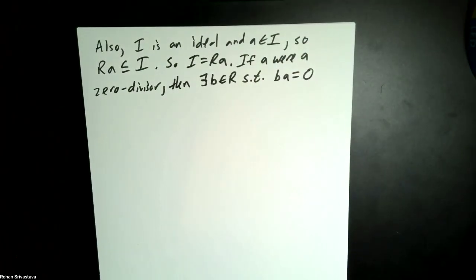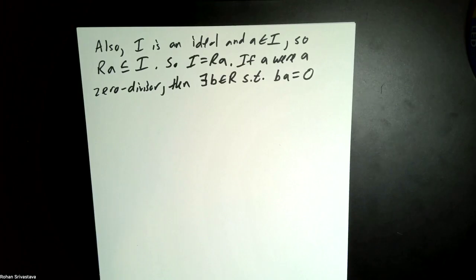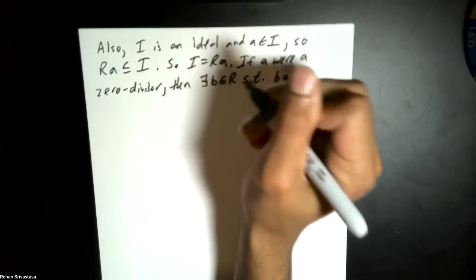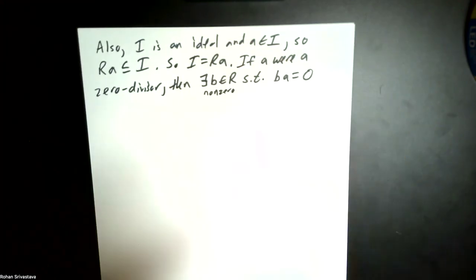The definition of a zero divisor just means there exists some B in R such that either BA equals zero or AB equals zero, but since we're in a commutative ring, it's equivalent, so we can just say that there exists a B such that BA is equal to zero. Sorry, there exists a B non-zero. B is not zero.